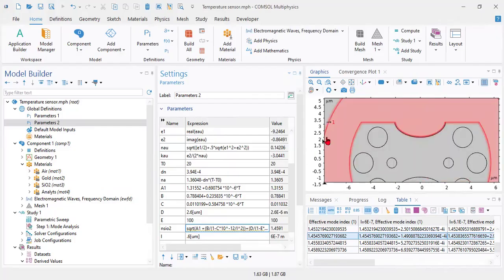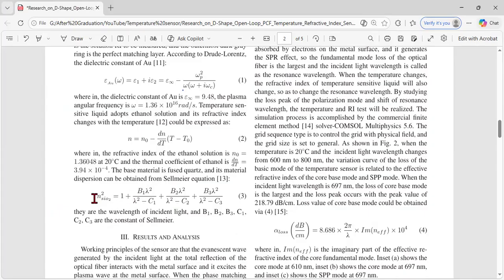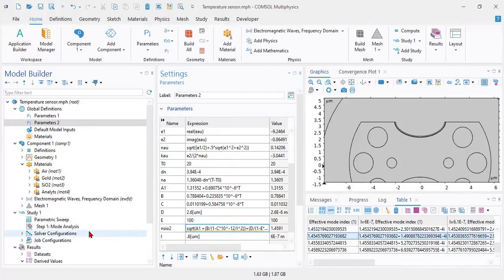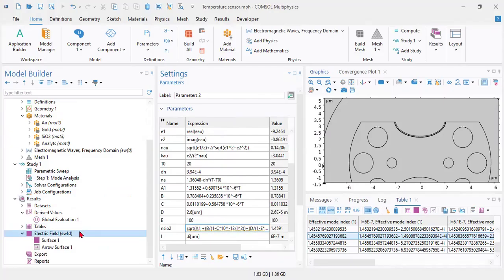So the temperature will affect the refractive index of the silica, obviously. So you have to take the temperature sensitive equation of silica, right? But they didn't take it. They took the normal Sellmeier equation. So that's the problem. But our calculation is completely fine.